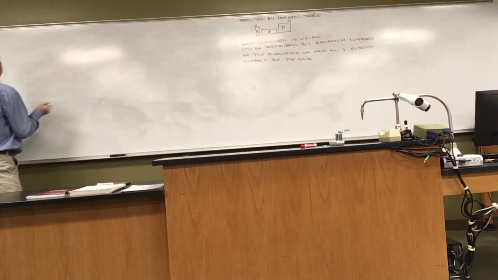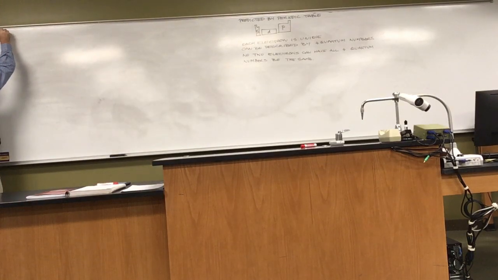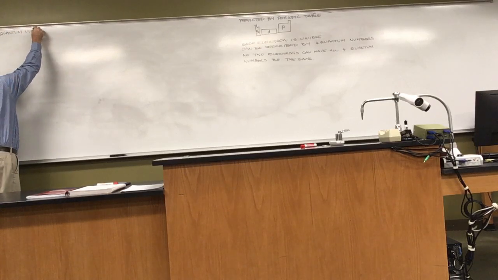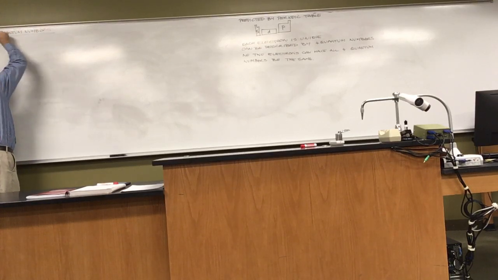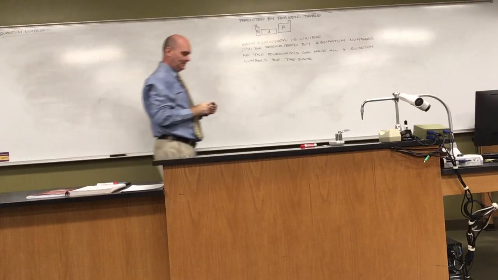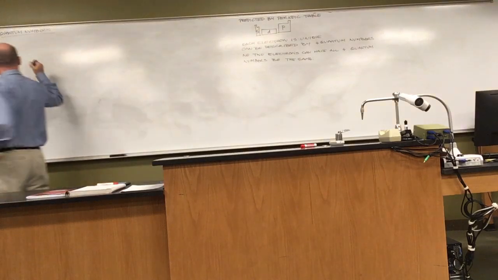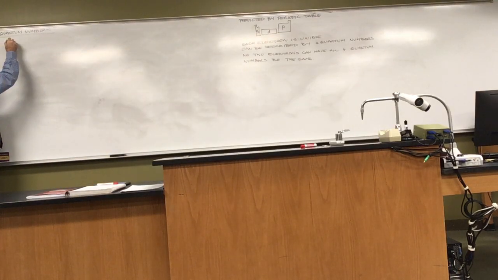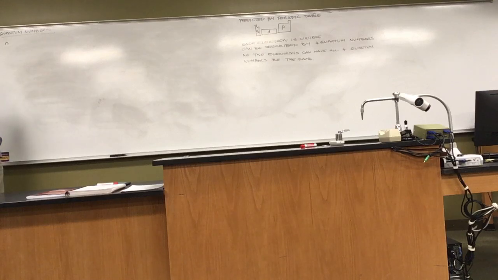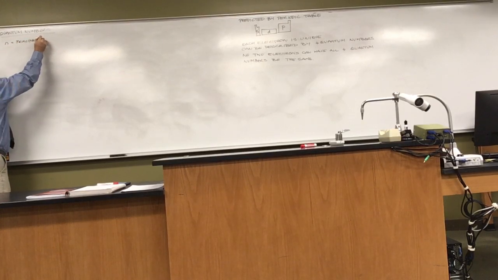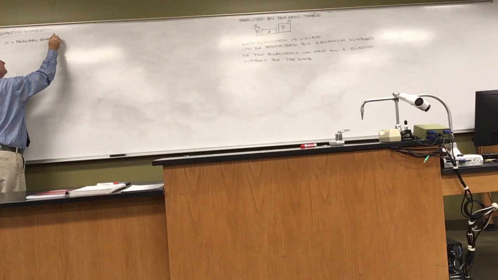Let's look. Okay, so I'm going to have four numbers. Here's what they are. N. These are all lowercase letters. N is the principal quantum number.